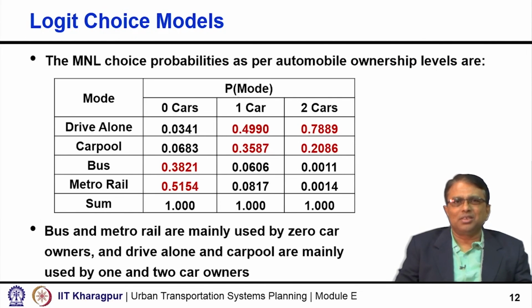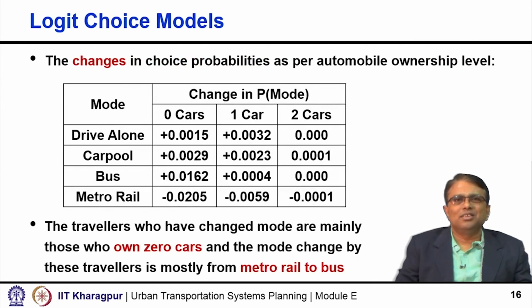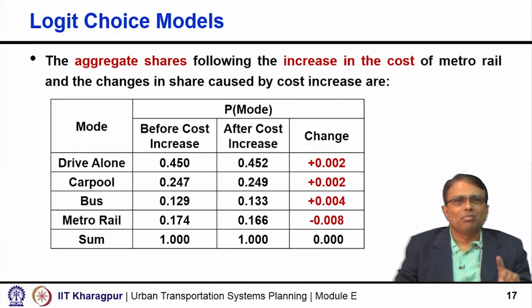Whereas here what has happened? Largely the shift has happened to bus. So, metro fare is increased, fine. So, people, majority of them, they shift to bus. So, much more logical result, much better result.